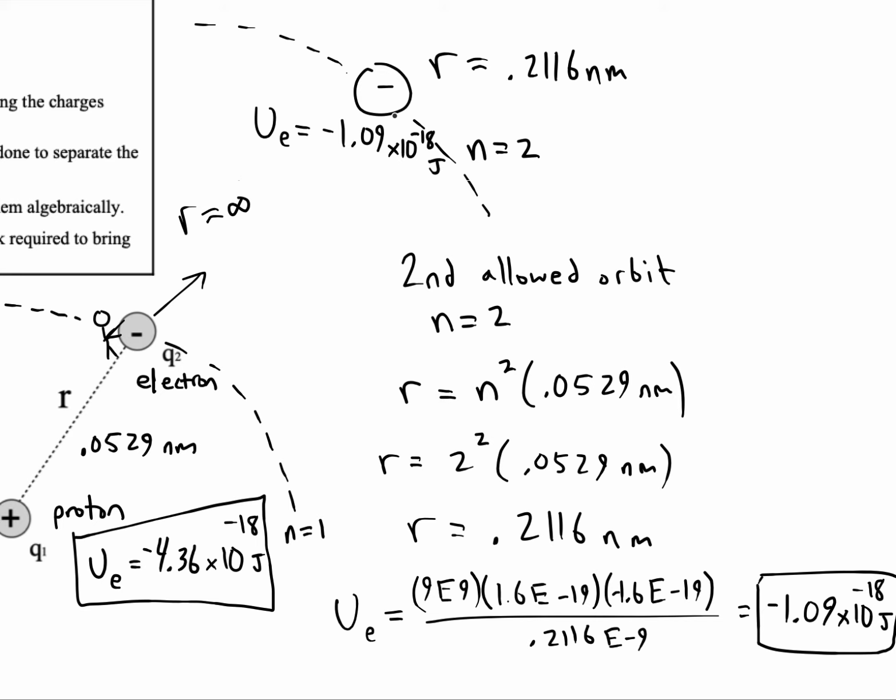When we're located here, though, the negative is farther from the proton. And now it only requires 1.09 times 10 to the minus 18 joules. It's 1/4 of the work that would have been required to pull this electron out to infinity. Interesting.